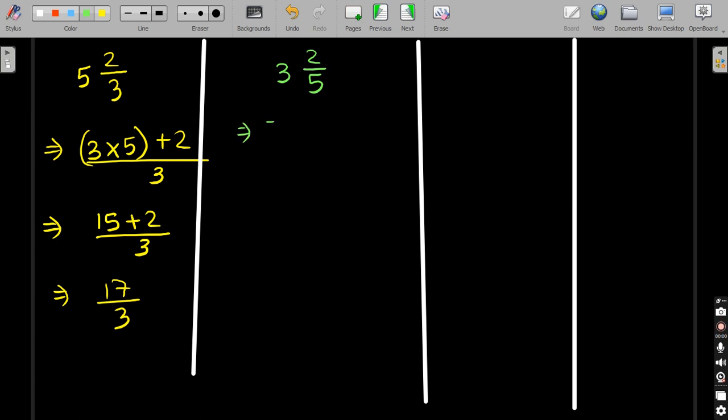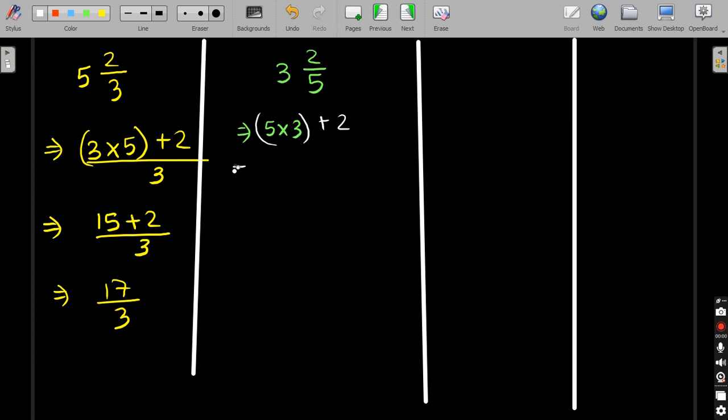How will I do it? So 5 into 3. This is multiply. After that, as you are able to see here, this number and plus this number. So 5 into 3 I have written over there, 5 into 3 plus 2.